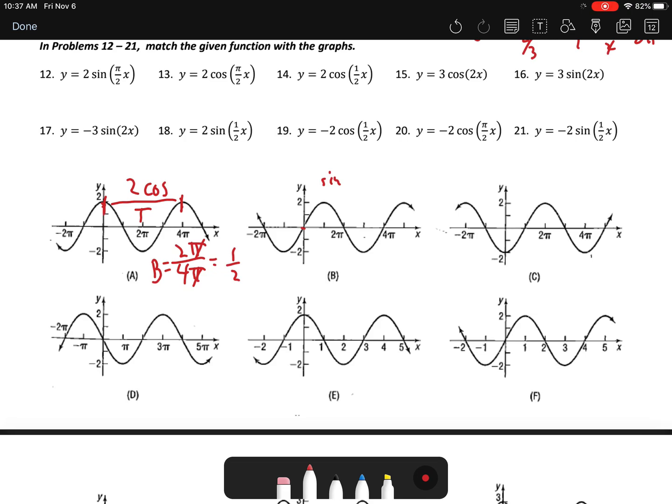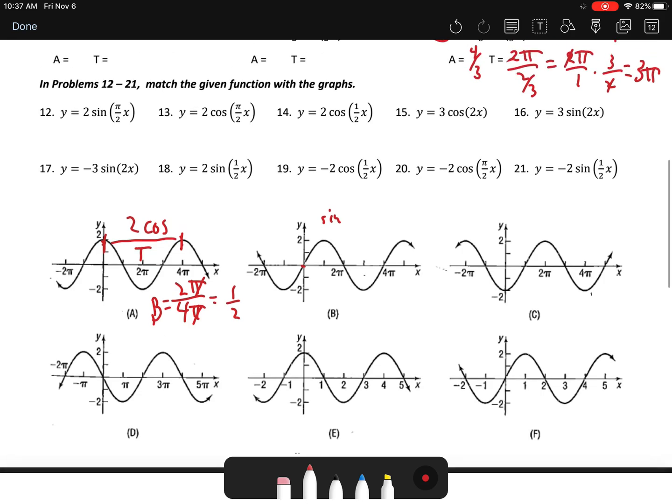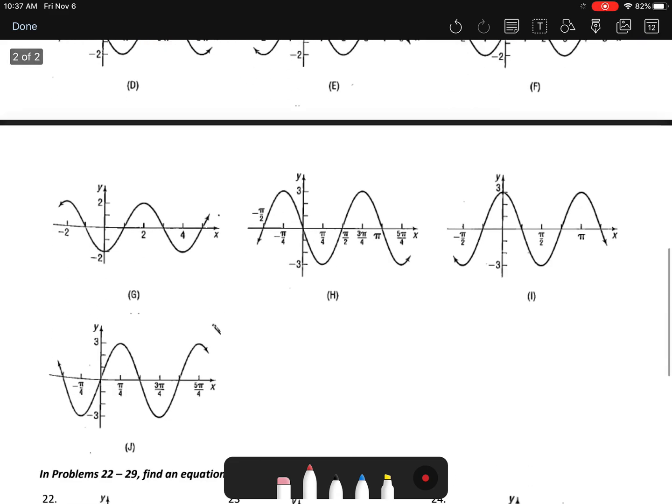How long before it restarts over, okay? So our b then is 2 pi over 4 pi, because remember it's 2 pi over t, which is 1/2. So it's going to be 2 cosine 1/2 x. So that's letter A. So that's how we do the rest of those problems.